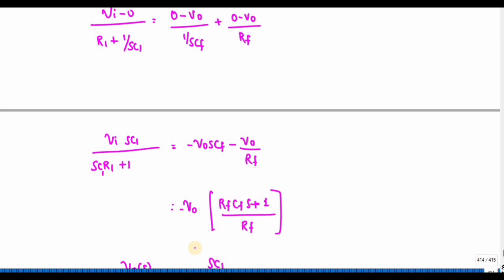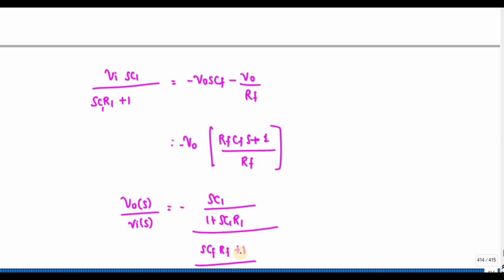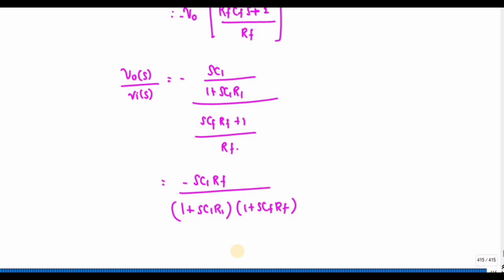Since it is in the Laplace transform, V0 of S divided by Vi of S is equal to minus SC1 divided by 1 plus SC1 R1 divided by SCF plus 1 divided by RF. So rearranging the equation, I will get minus S C1 RF divided by 1 plus S C1 R1 into 1 plus S CF RF. Okay.